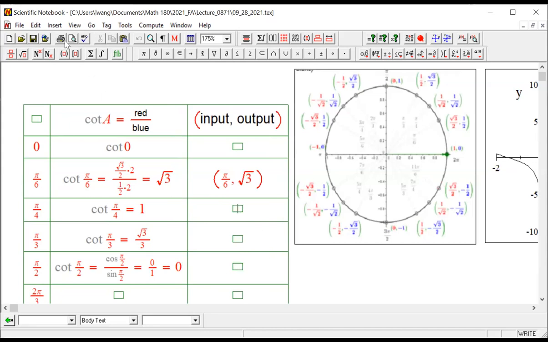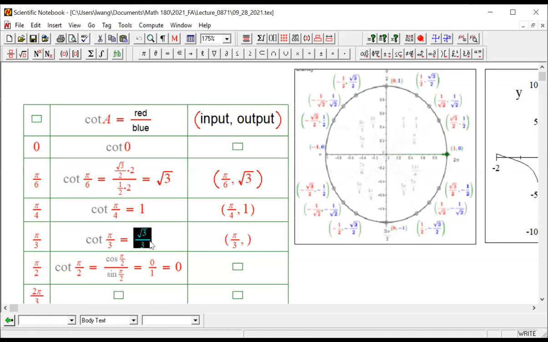In the process, you've done these special angles many times. You no longer have to memorize any one of them. So you keep doing this, doing the ARD way, and soon enough, you just do it naturally.